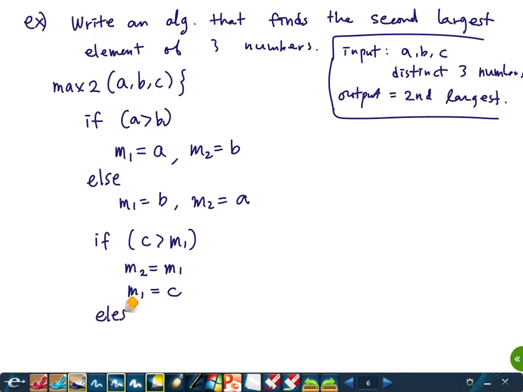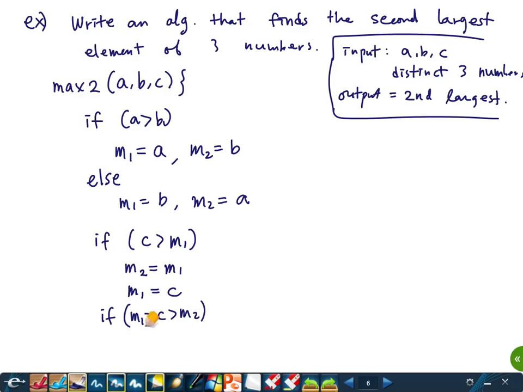Otherwise, else, what happens? So C is not the biggest one among three numbers, but now we have to compare C with M2. Else, oh yeah, let's not use else here, because we have to do one more check. If C is less than M1, but bigger than M2, what does that mean?